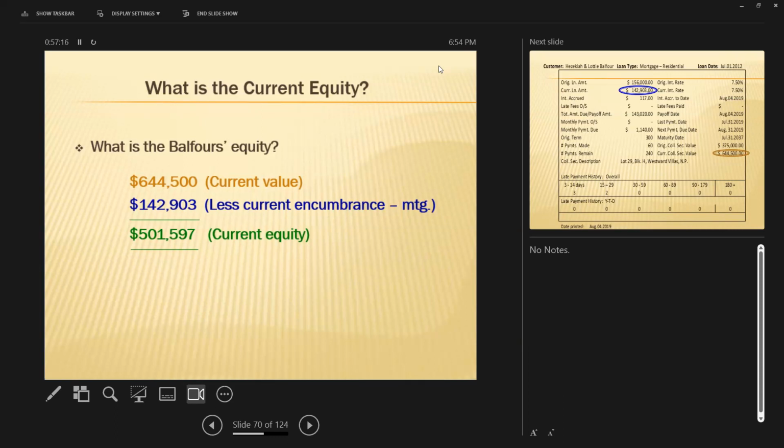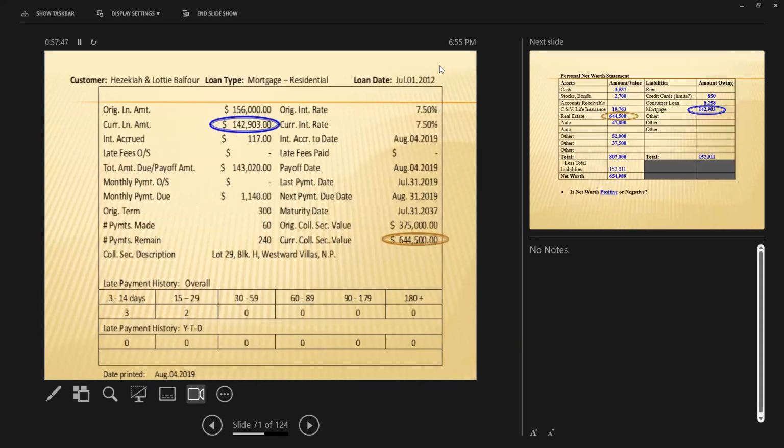But you can see from the loan as a percentage of the cost, the loan is only 22%, right? So 22 from that is what? That's 78. So 78% should equate to the 501,597, if you wanted to do further calculations.